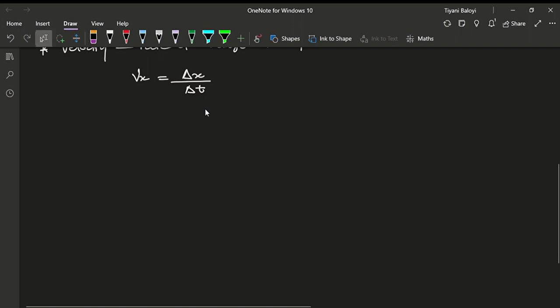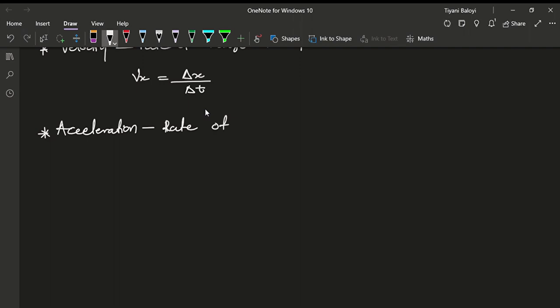So let's look at acceleration. Okay, so acceleration. This is the rate of change of velocity, right?